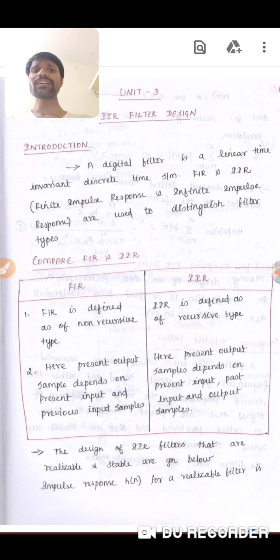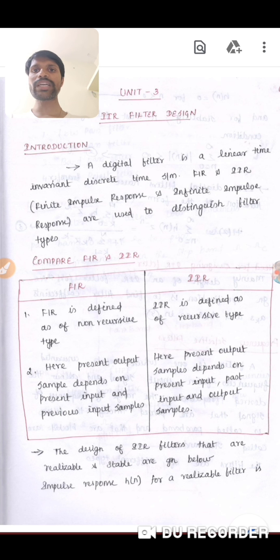A digital filter must be a linear time invariant discrete time system, and there are two types, that is FIR and IIR. FIR refers to finite impulse response filters and IIR refers to infinite impulse response filters. What is impulse response? Impulse response is the response when you give an impulse as the input to a system.